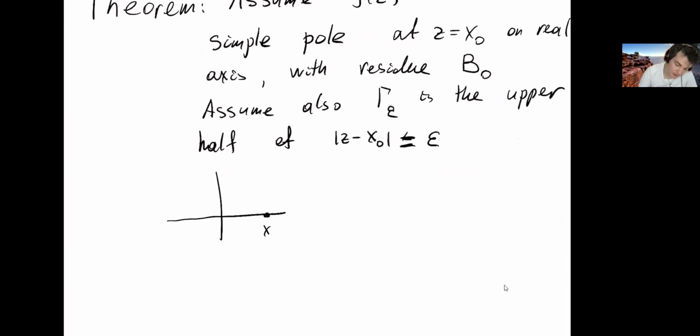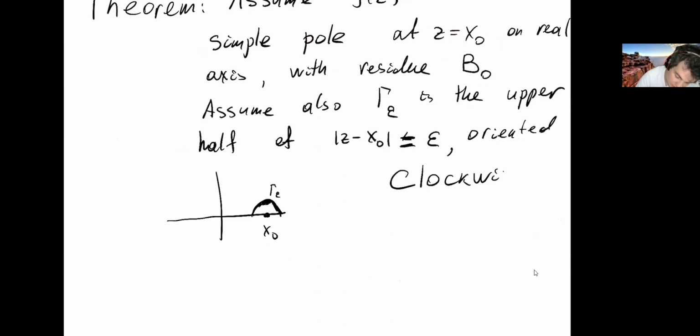Here's x0 and here's gamma epsilon. So this is a circle of radius epsilon that goes around x0 and we only take the upper half. And we also assume that it's oriented weirdly, and weirdly means clockwise. So oriented this way.